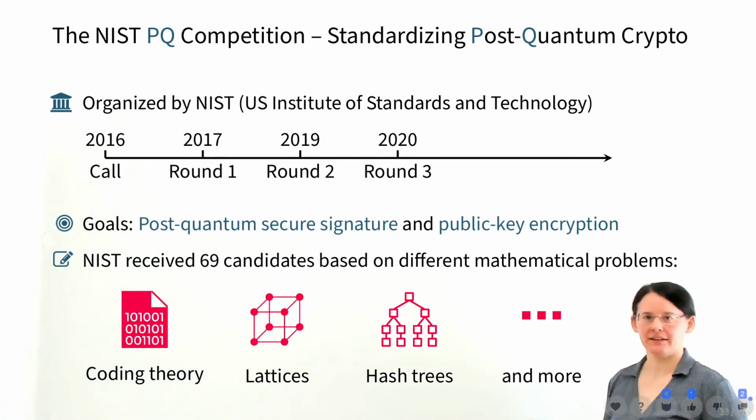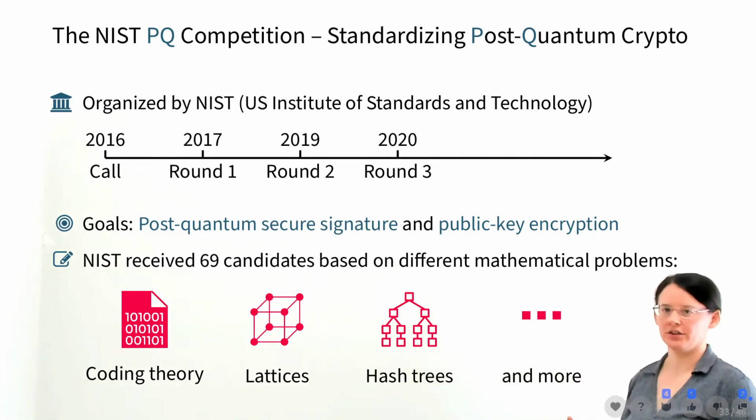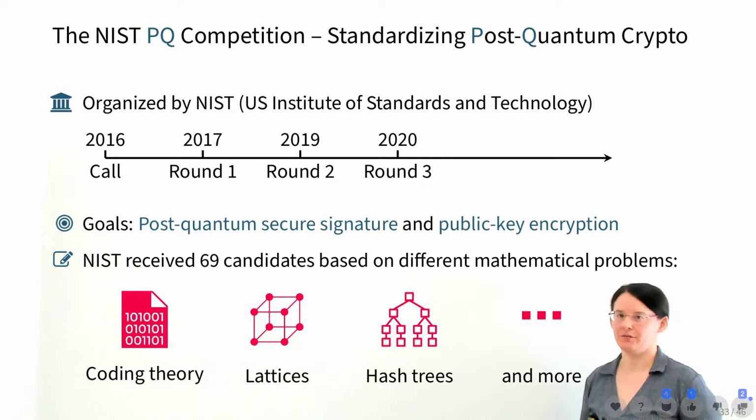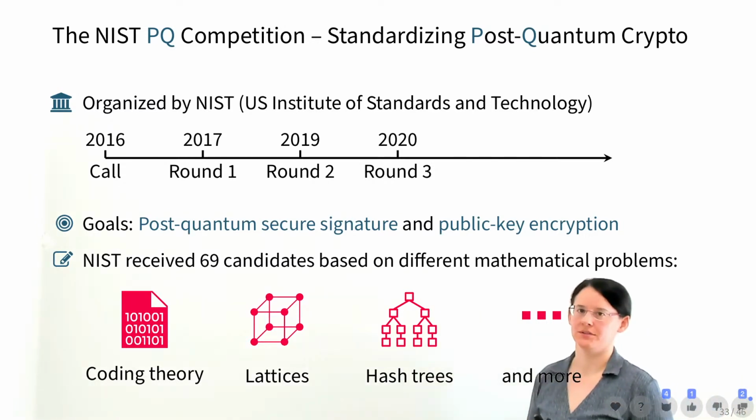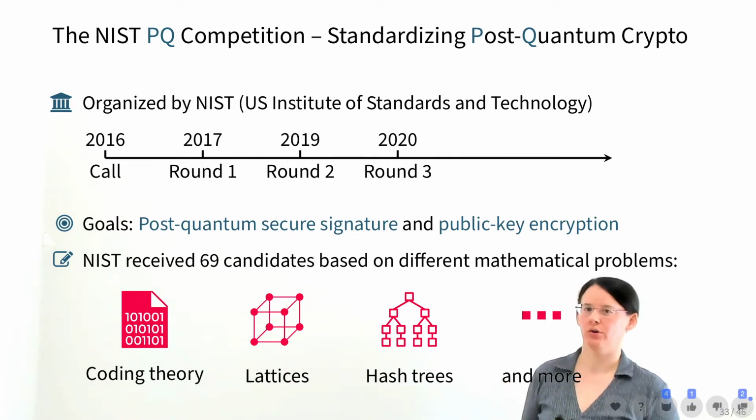And what these candidates all try to do is leverage some other mathematical problems, not factoring and not the discrete log problem, because Shor breaks them. But there are a couple of other hard problems that we don't have any quantum algorithms for. We can't really prove that there are no such algorithms, but we don't know one yet.